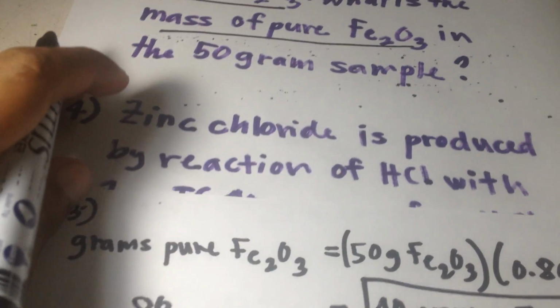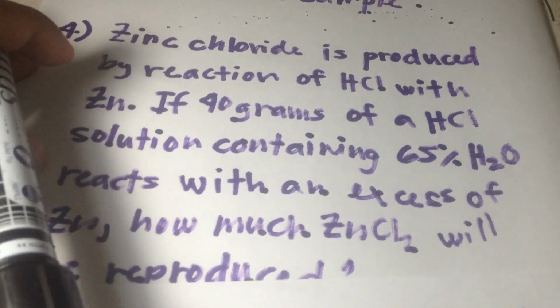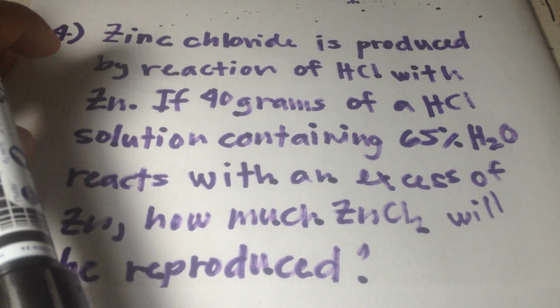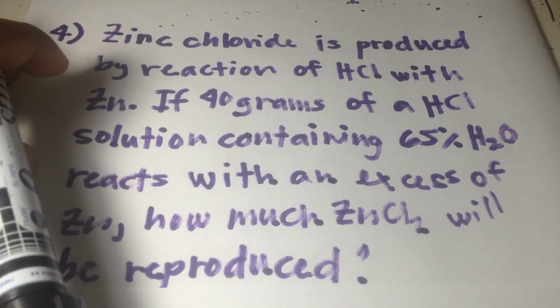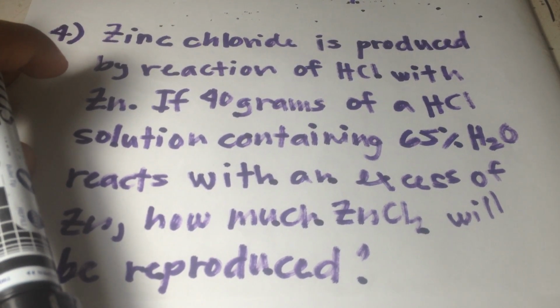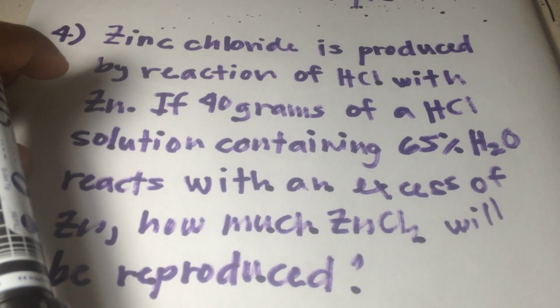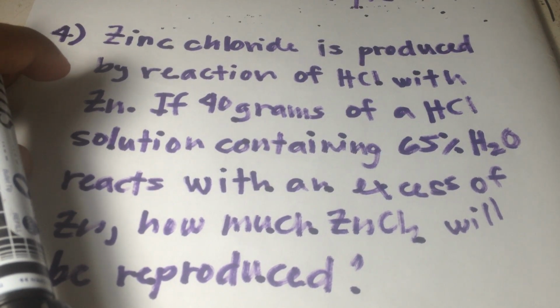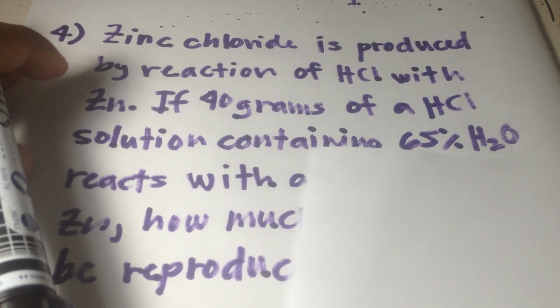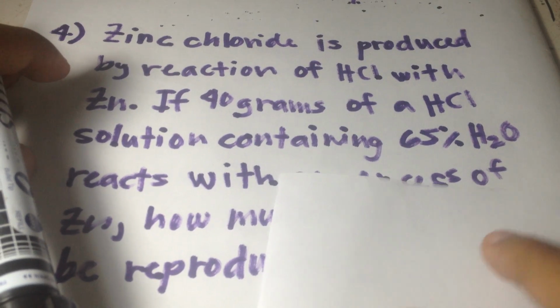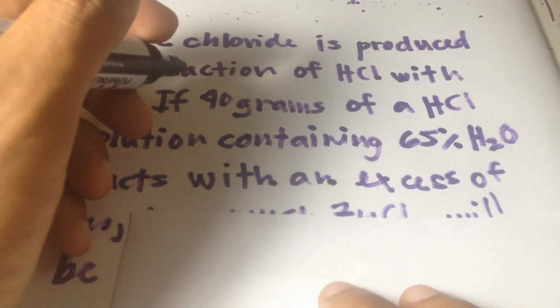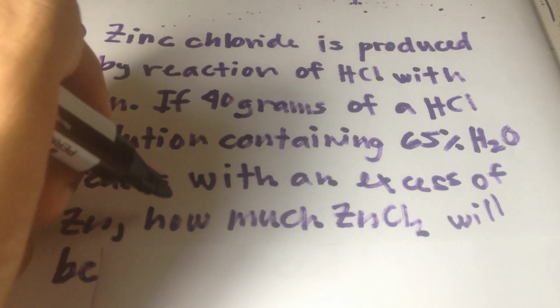And number 4, zinc chloride. Zinc chloride is produced by reaction of hydrochloric acid with zinc. If 40 grams of HCl solution containing 65% of water reacts with an excess of zinc, how much zinc chloride will be produced? So first thing we need to do is make a chemical reaction from zinc and HCl.